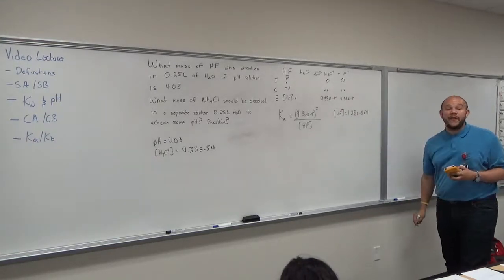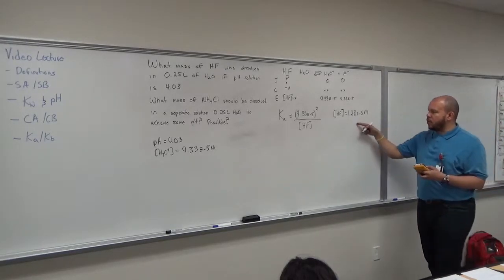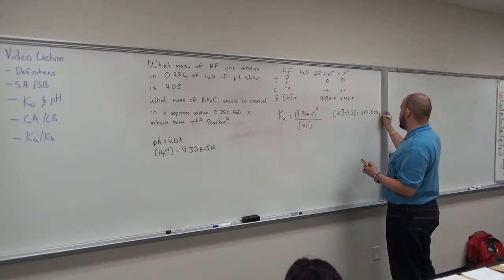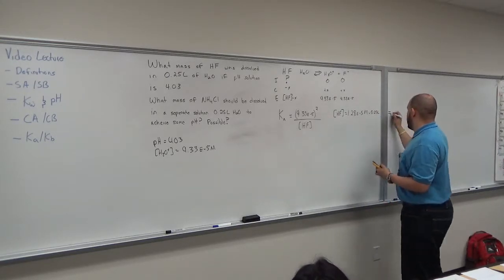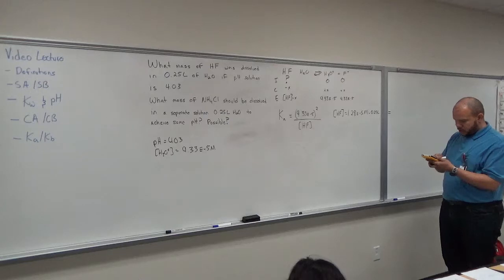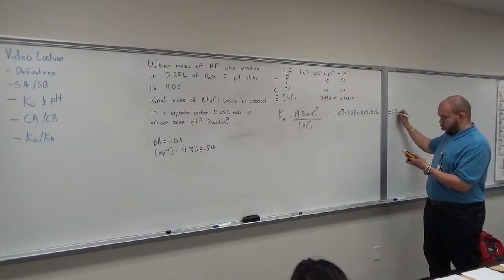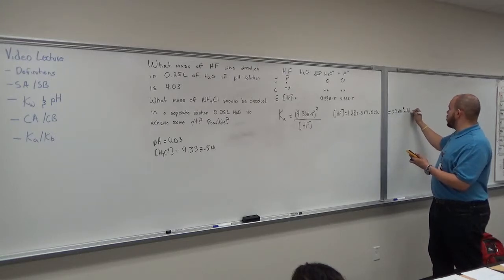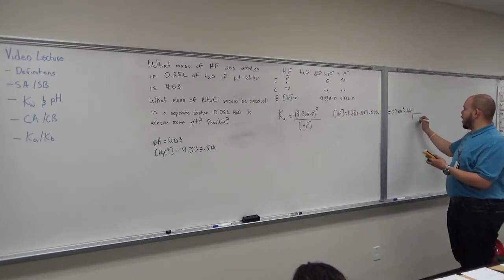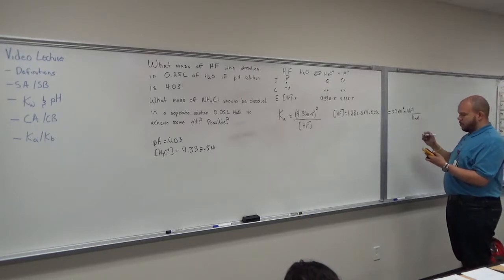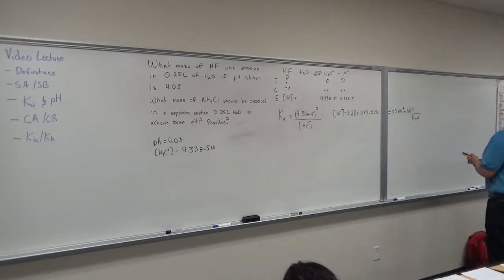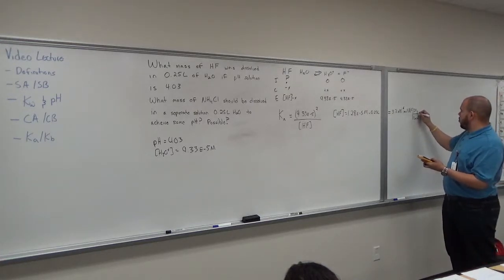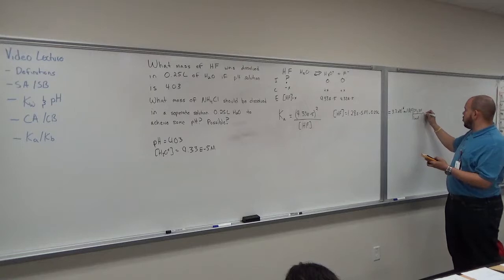We had 0.25 liters. So to get the number of moles, we multiply this times 0.25 liters. That gives us 3.2 times 10 to the negative 6 moles of HF. Therefore, to get the number of grams, we multiply by the molar mass, which is 20, because HF is 19, so essentially 20 grams of HF per 1 mole.